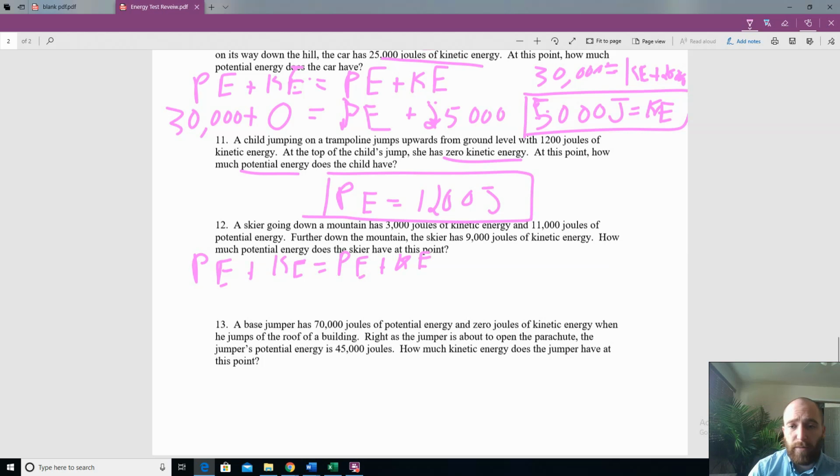So before, we've got 11,000 joules of potential plus 3,000 joules of kinetic, which is right here.